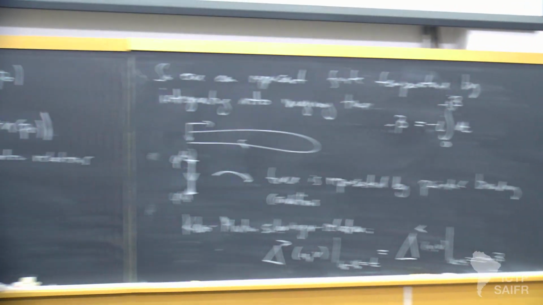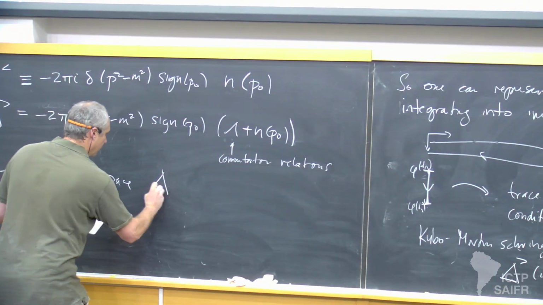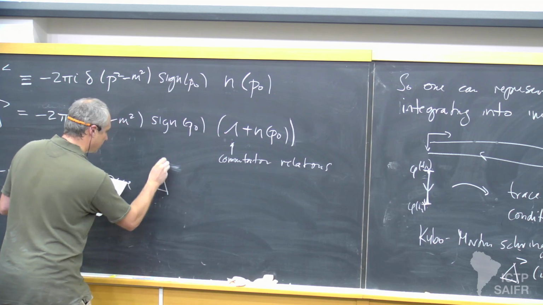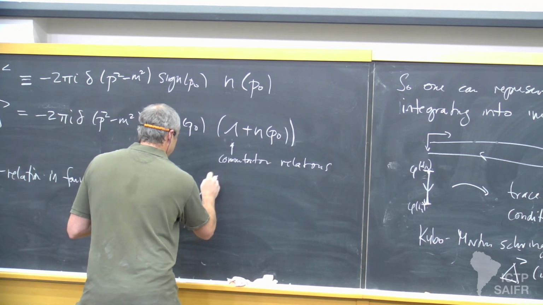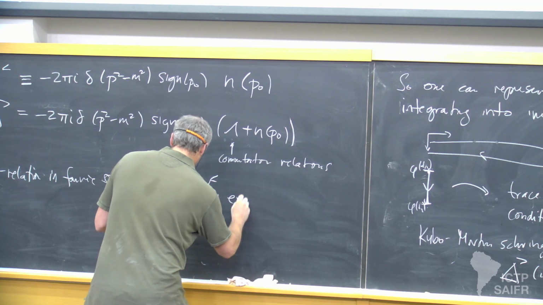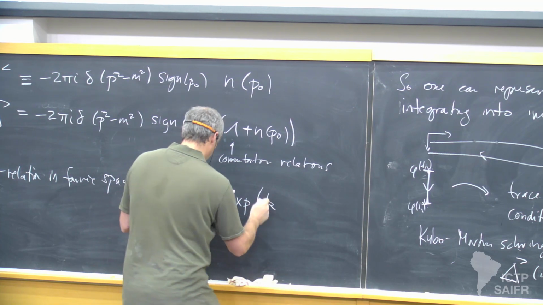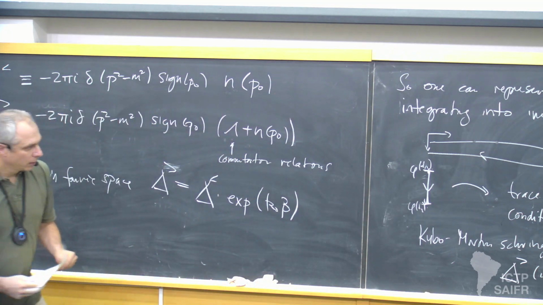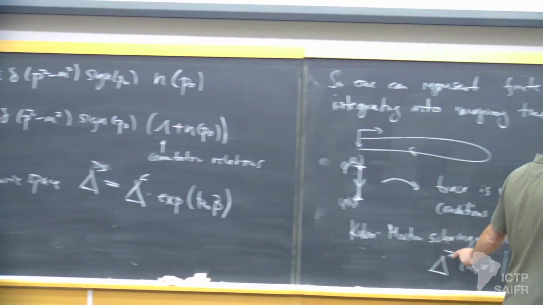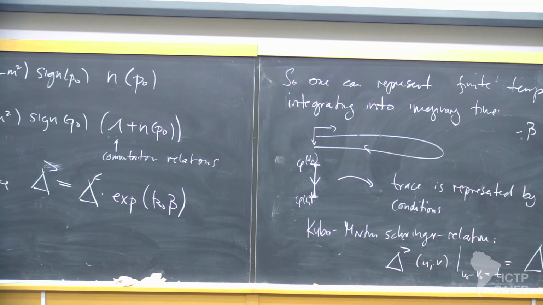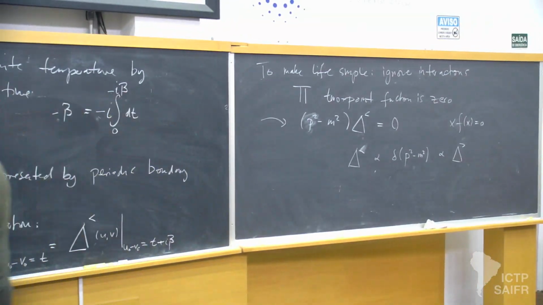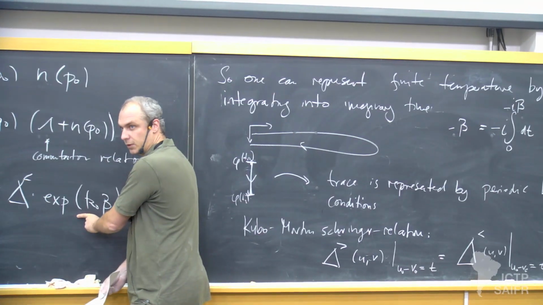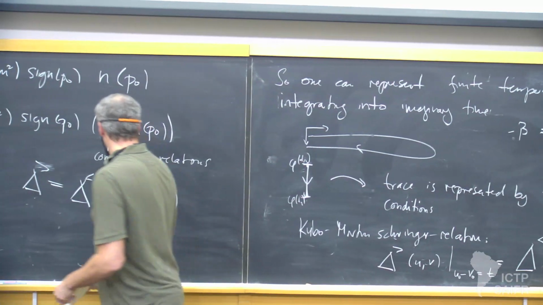What you will find in Fourier space is the following relation: delta bigger is equal to delta less times an exponential of k naught times beta. If you do the Fourier transform of these two guys and impose these boundary conditions, the shift will show up in the phase of the Fourier transform, and this will spit out this factor. You can do this as homework.